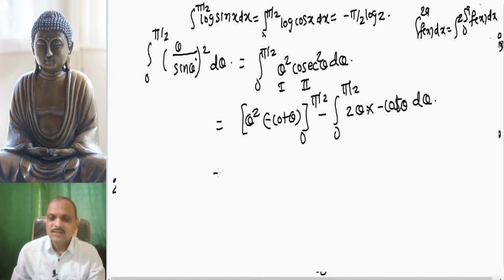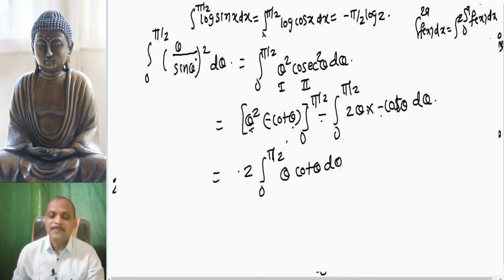Okay, cot pi by 2 means cos theta divided by sin theta. Cos pi by 2 is 0, therefore this value gives us 0. At pi by 2 it is 0, and at theta equals 0, due to this theta it is also 0. Hence the minus and minus become plus, and we have 2 into the integral from 0 to pi by 2 of theta into cot theta d theta.